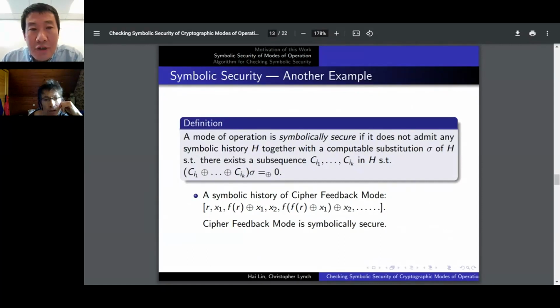Yes, so we introduced this uniqueness property. It implies symbolic security. But do you have other examples of modes of encryption that satisfy this property? Yes, we have some other examples.